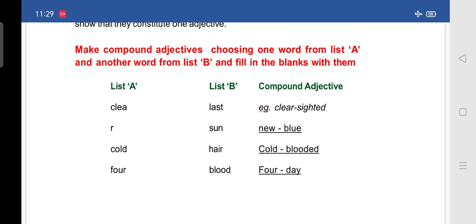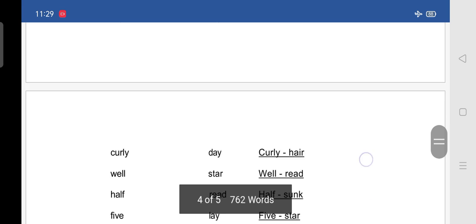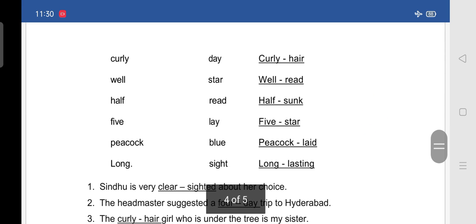Fourth one is 4-day. Fifth is curly hair. Sixth one, well read. Seventh is half sunk.